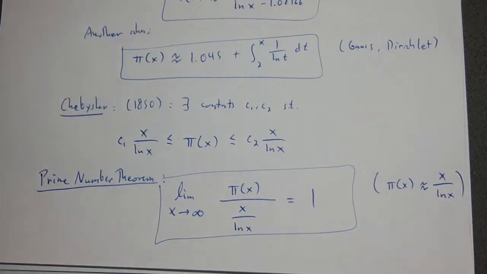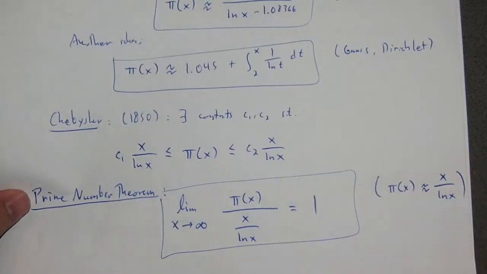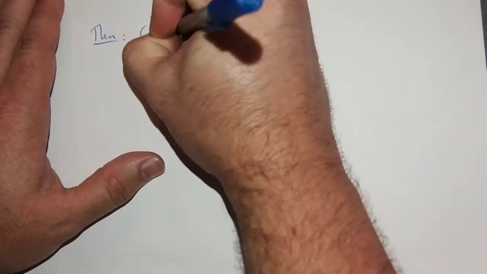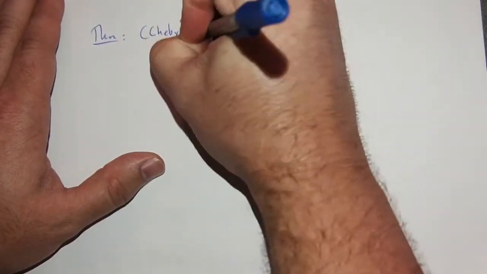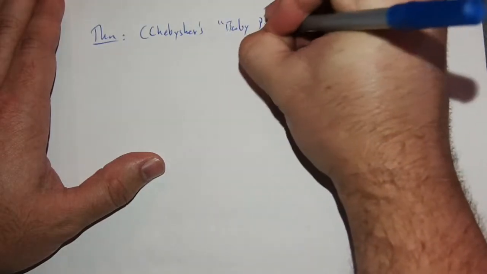Anyway, so this is the prime number theorem. There is a weaker version, which is a form of this estimate that Chebyshev came up with. So theorem, call it Chebyshev's baby prime number theorem.